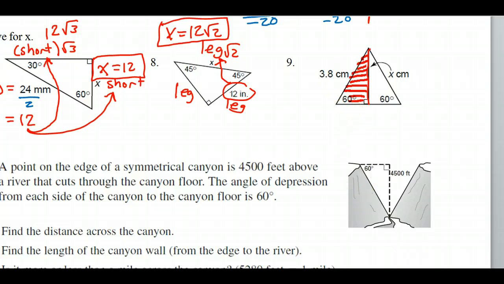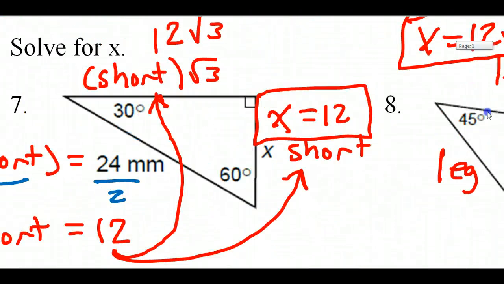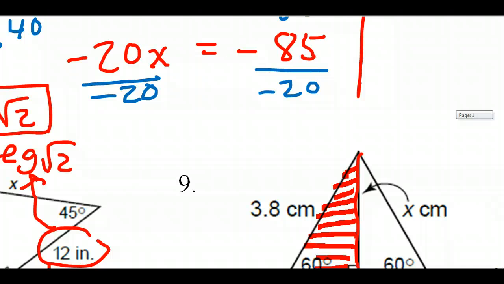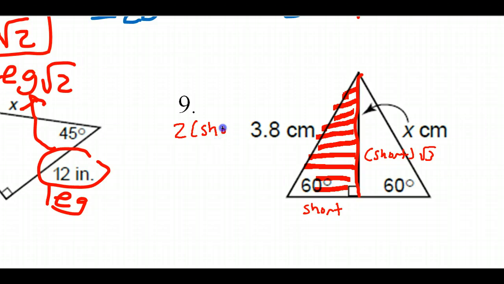Again, let me blow this up a bit. So this is the short leg, this is short radical 3, and this side is 2 short. So 2 short equals 3.8.